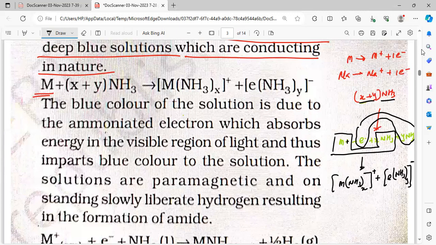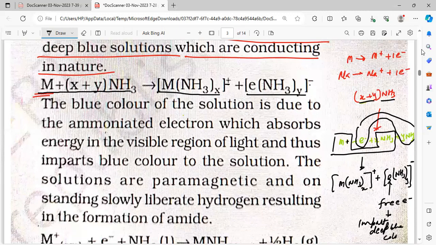This is the reaction: M plus (x+y) NH3 gives M(NH3)x plus charge and e(NH3)y minus charge. This electron is a free electron that imparts deep blue color.